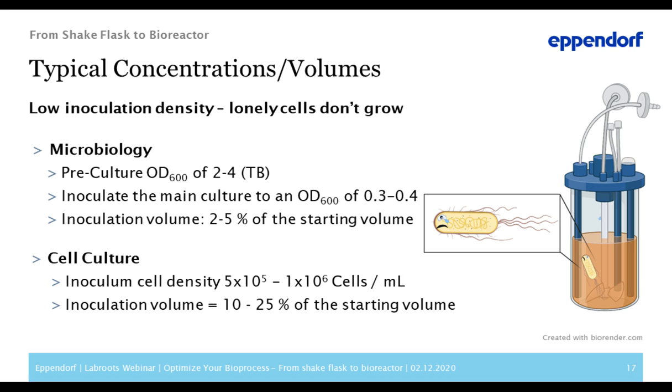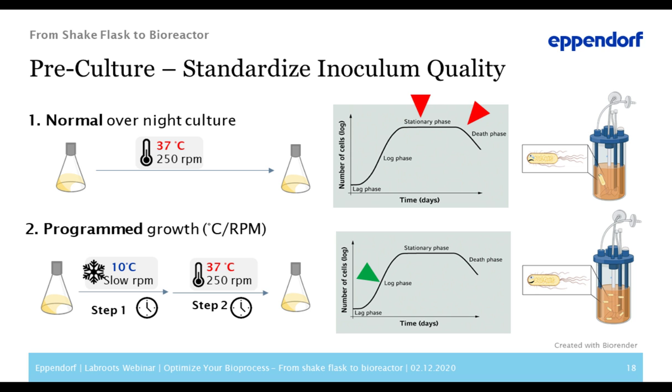As said, the optimal OD value depends on the culture and the medium. In cell culture, a density of 500,000 cells to 1 million cells per milliliter in a volume of 10 to 25% of the starting volume of the reactor is common.